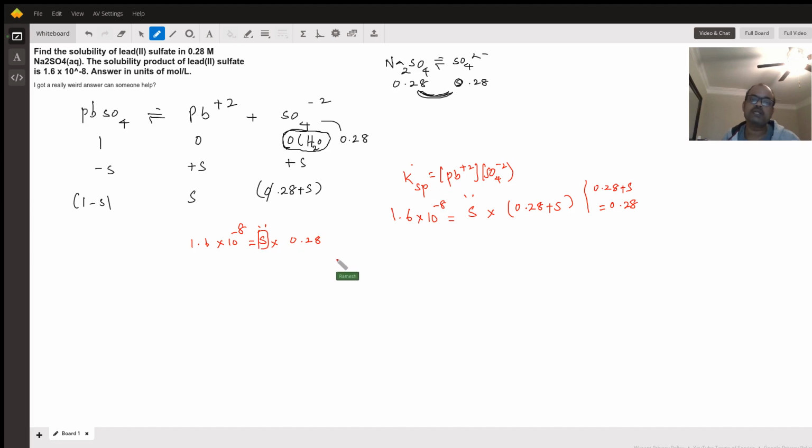So the molar solubility of lead sulfate in a solution of sodium sulfate whose molarity is 0.28 is 1.6 times 10 to the negative 8 divided by 0.28.